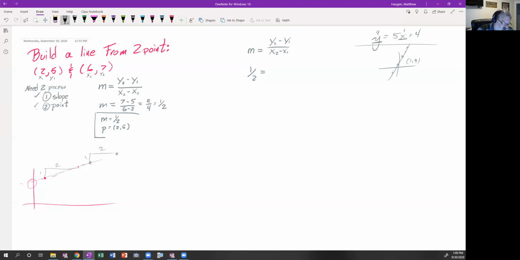One of the points we know is the point 2, 5. So if we took any y value minus 5 over any x value minus 2, this 6, 7 was a particular point, but any xy pair that makes the slope also 1/2 is a point on the line. Does that seem reasonable? Every XY pair that will make that slope of 1/2 with our point is an XY pair on our line.